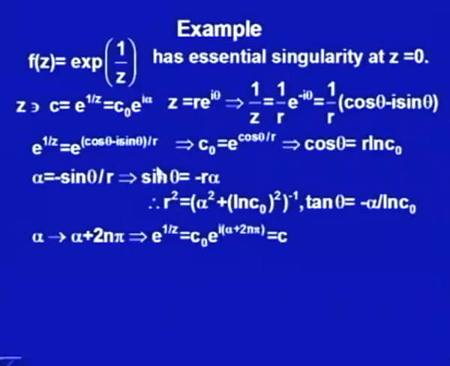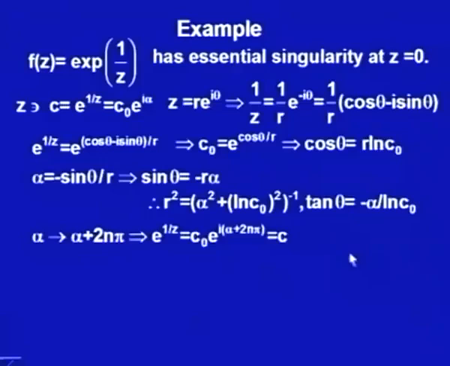This c value would be e to the power 1/z, that is c₀ e^(i(α + 2nπ)). So α + 2nπ, iα is as such, and e^(i2nπ) we do know is 1, because cos 2nπ + i sin 2nπ, and cos 2nπ is always +1. So this is the same as c₀ e^(iα), that is c. So if I change α to α + 2nπ, certainly this value c is not changing.